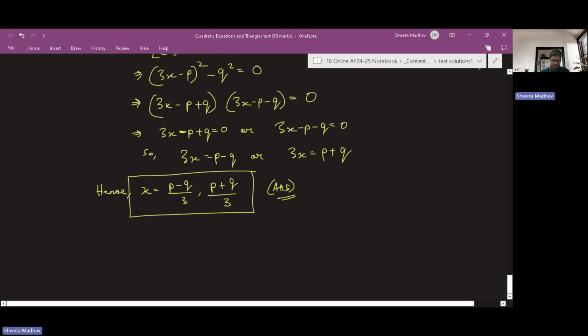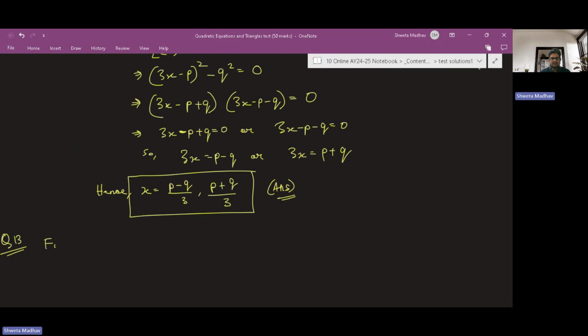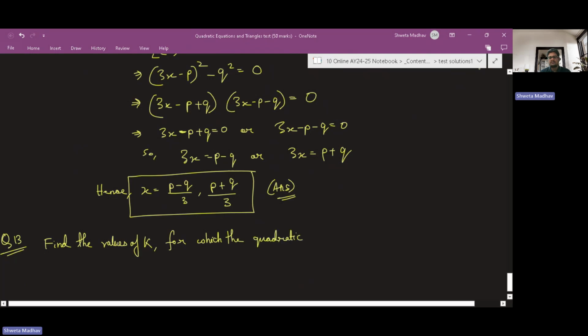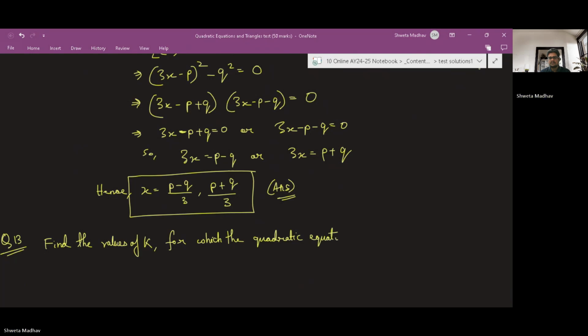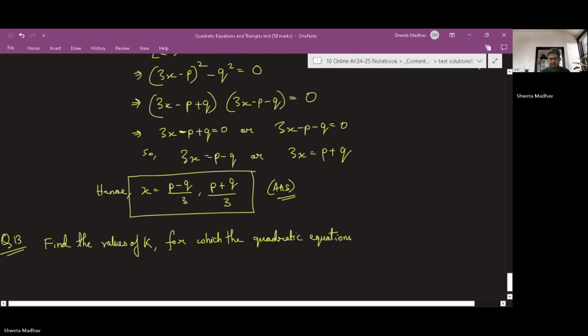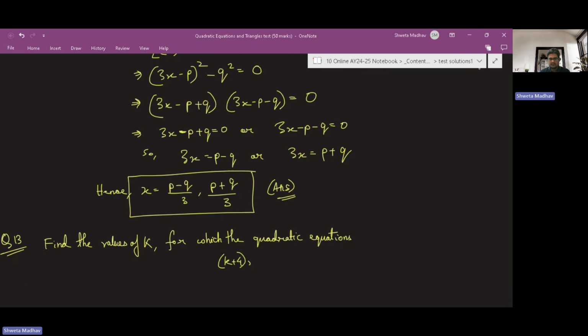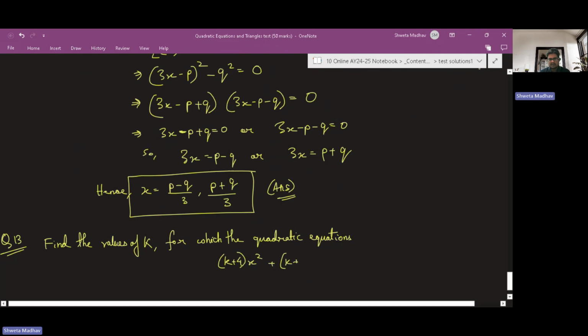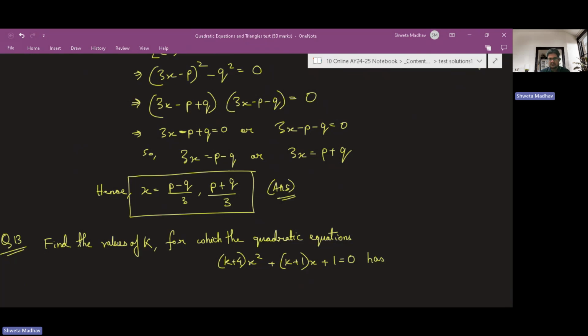Then in question number 13, it has been told to find the values of k for which the quadratic equation k plus 4 into x square plus k plus 1 into x plus 1 equal to 0 has equal roots.